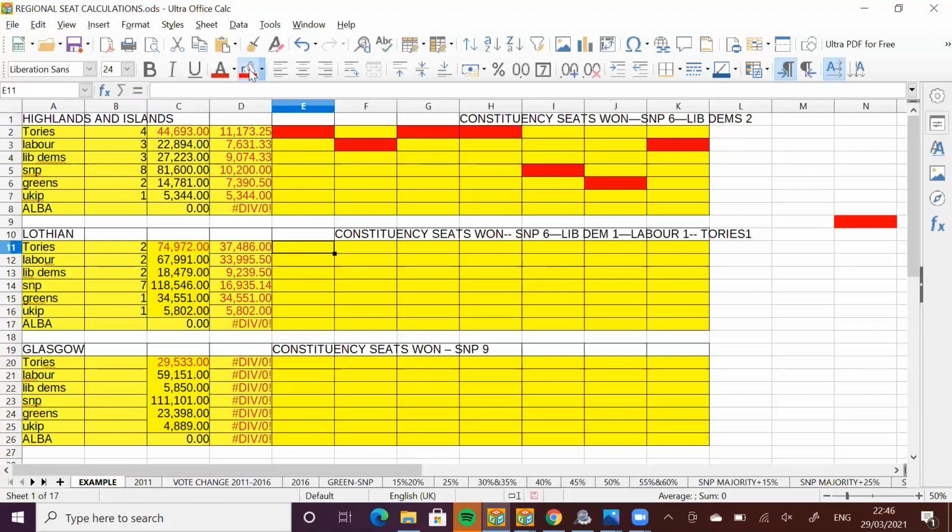So Tories. You can see I've put the calculations in here and it's dividing by the seats all the time.